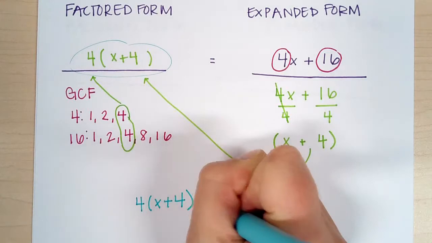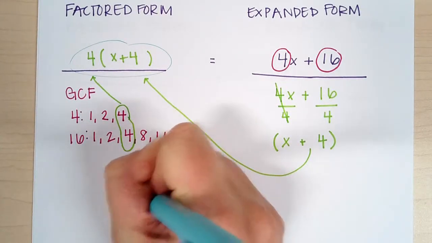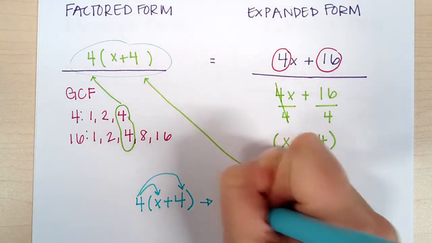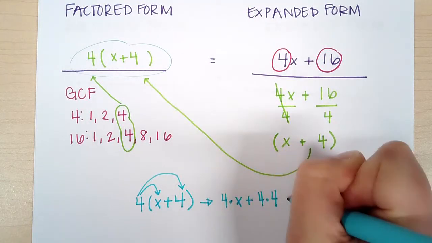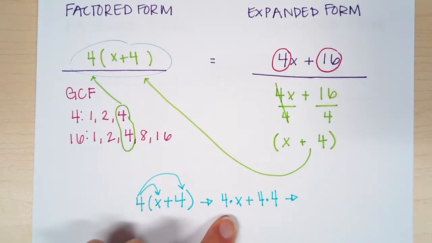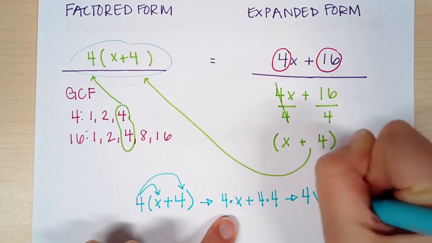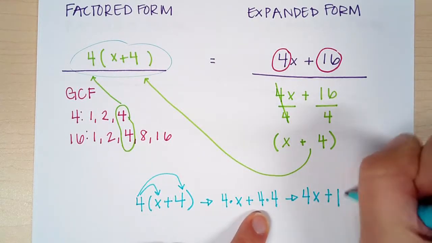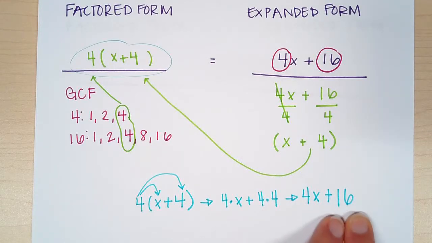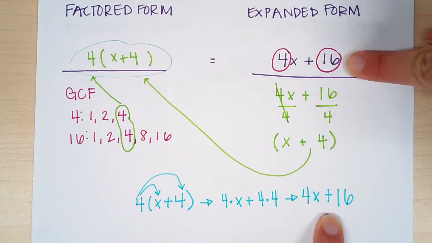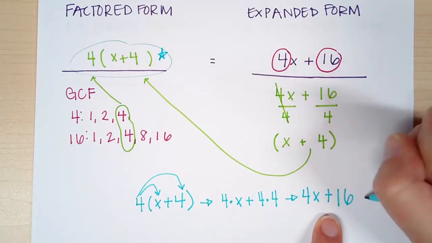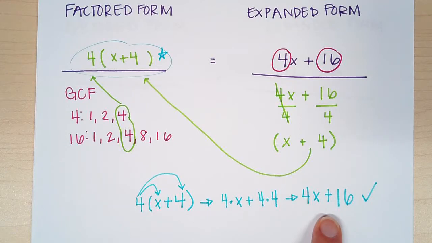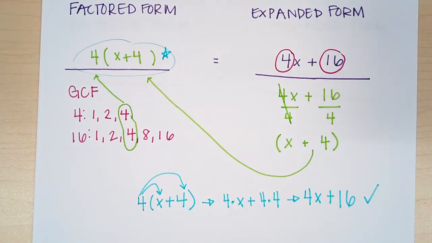Okay, so I distribute that 4 to the x and the 4 to the 4. 4 times x plus 4 times 4. I can simplify that. 4 times x is 4x plus 4 times 4 is 16. 4x plus 16 matches my expanded form, and therefore my factored form is correct because everything checks out.